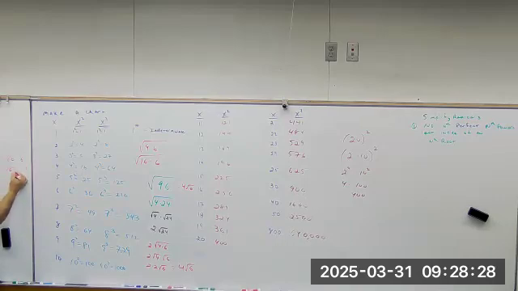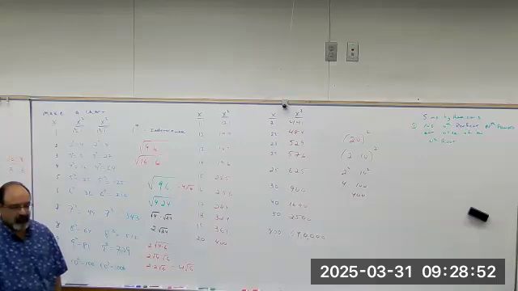I can't remember what the heck it was. It was 16 times 6, and then 3 times 6. There we go. And you could reduce that. And so the y-intercept was 16 over 3.